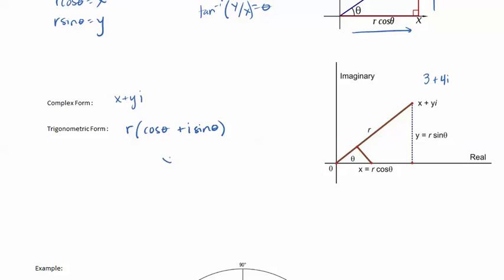So you could say x squared plus y squared equals r squared. You could say that inverse tangent of y over x equals theta. And again, x equals r cosine theta, and y equals r sine theta. So these work the same way, and then you're just plugging that information in.